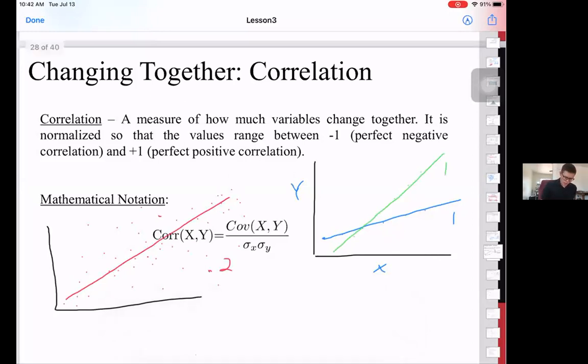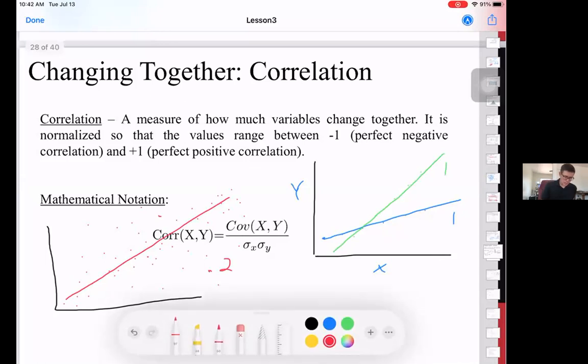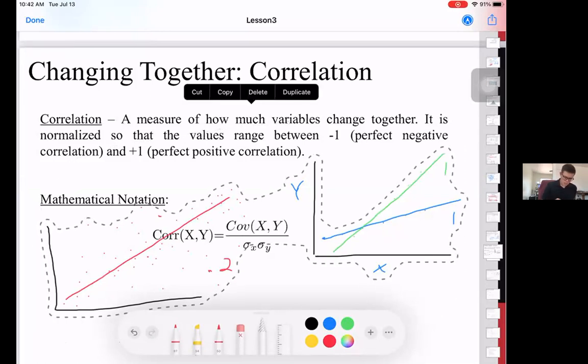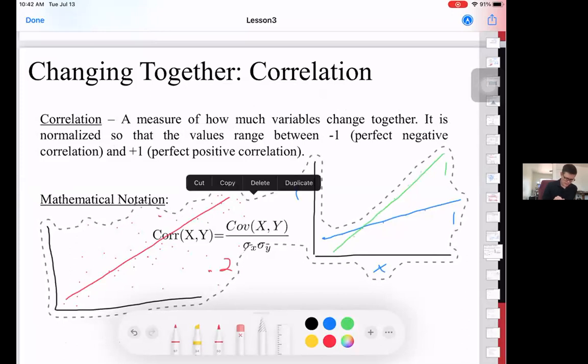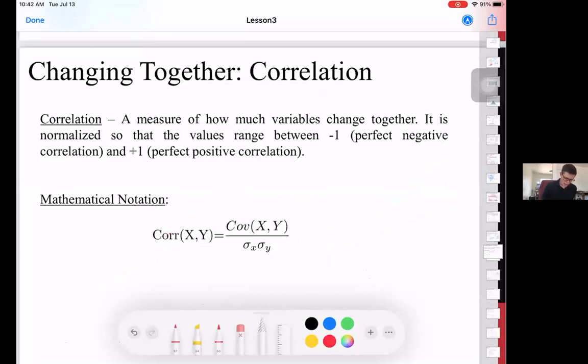So let me show you a couple other examples of this. If you had a data set where the data points are going down, that's going to be a negative correlation.